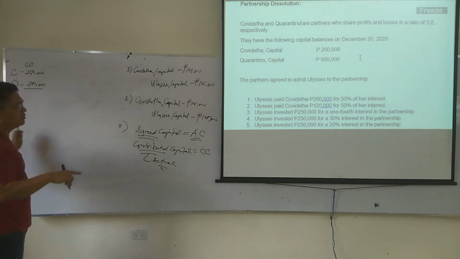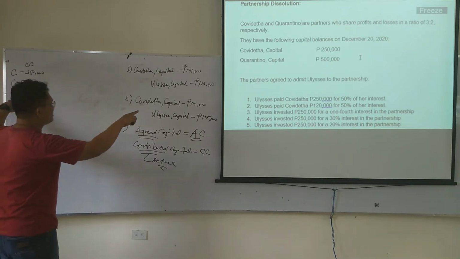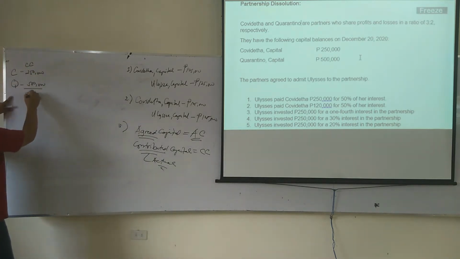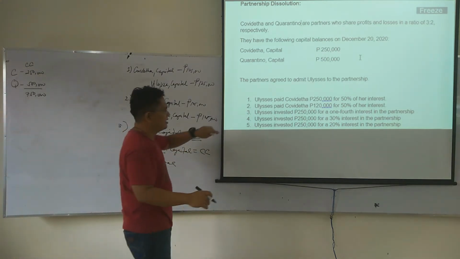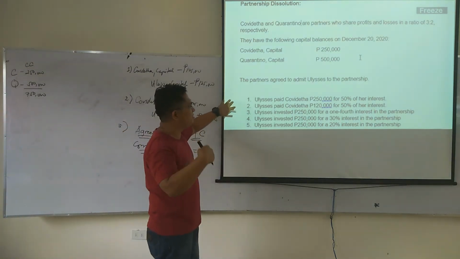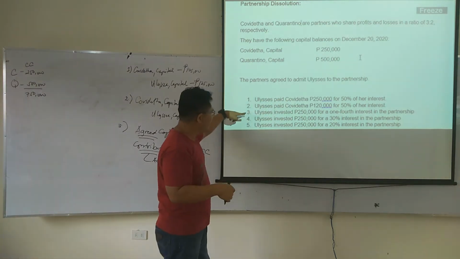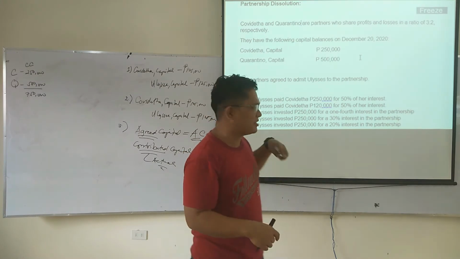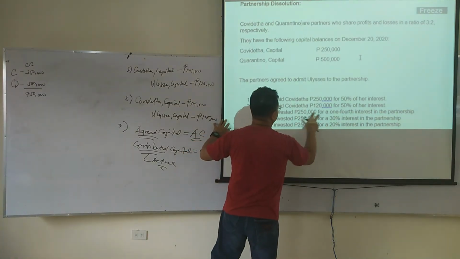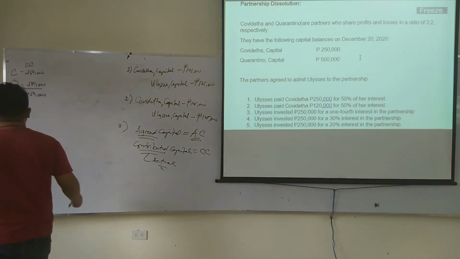Prior to the admission of Ulysses, the existing partners have a total equity of 750,000. By the way, 1 and 2 is admission of a new partner by purchase. 3, 4, and 5, admission of a new partner by investment.